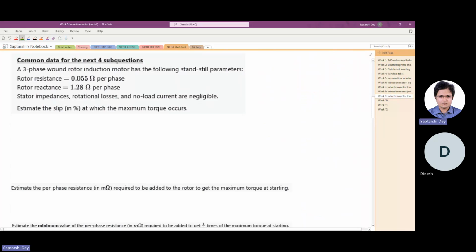Oh, I said last class that next we have problems on test. That is because I just looked at the first question and saw this resistance reactance. I saw there are some questions on test, but no question on machine testing. Same peak torque and all we will be handling today also. Next week again we have induction machine, but that is a single phase induction machine, not three phase.